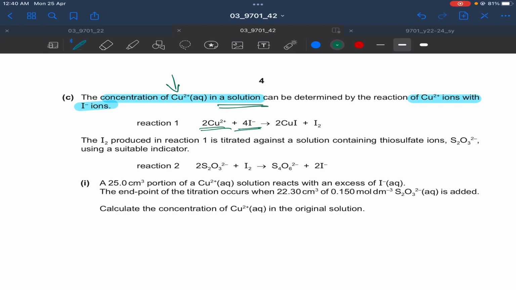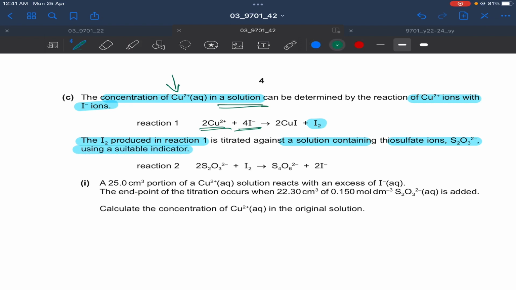The iodine produced in reaction 1 is titrated against a solution containing thiosulfate ions, S2O3 2-, using a suitable indicator.